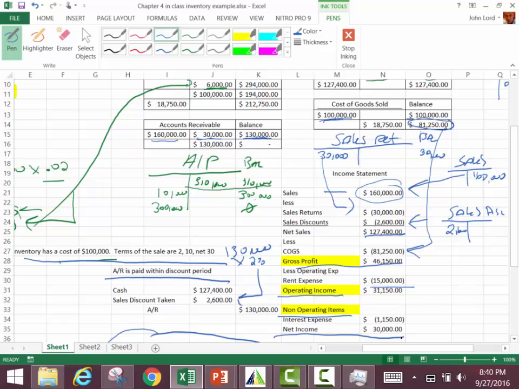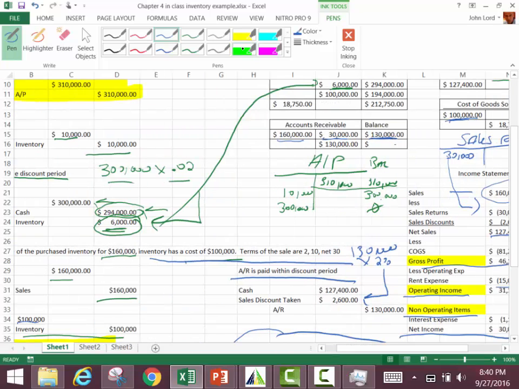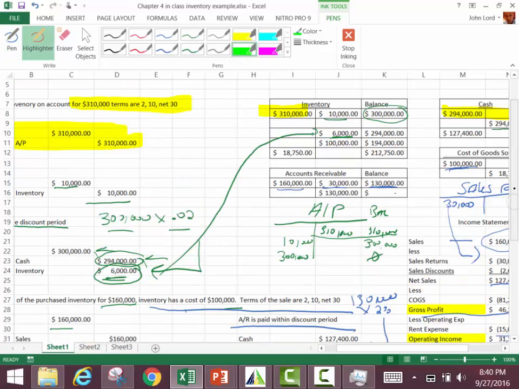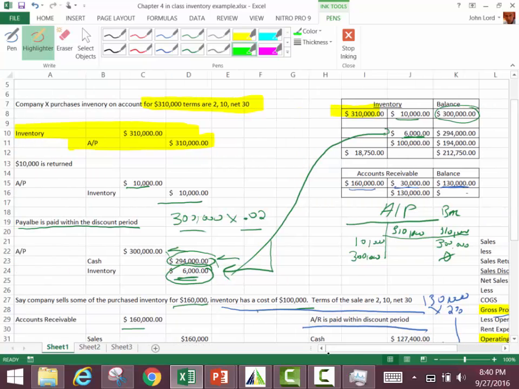Okay. All right, good. So let's look back at this now, and let's see what was unique here. The things that were unique from what we learned in the previous chapter is we now are dealing with what? Inventory. We didn't have that before, right?